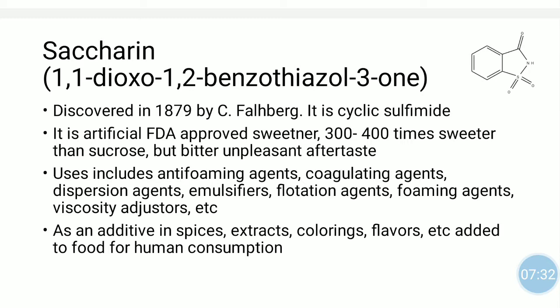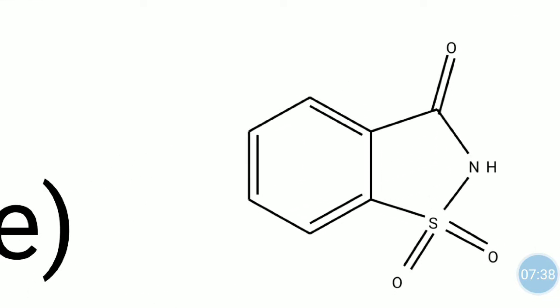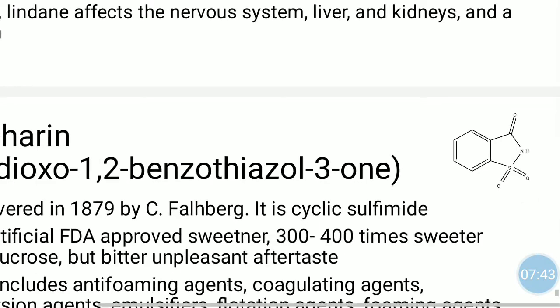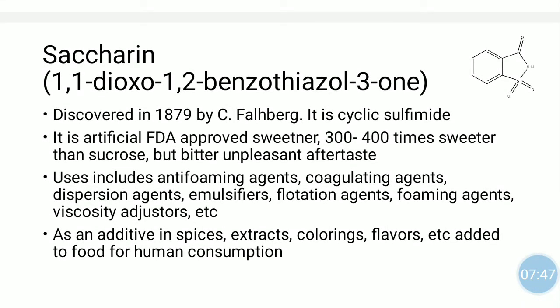Look at the structure of saccharin. We are calling it a cyclic sulfimide, isn't it? Okay, so now let us see its uses. It is an artificial FDA approved sweetener, isn't it?